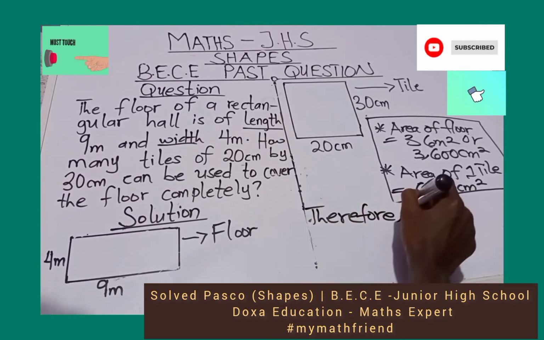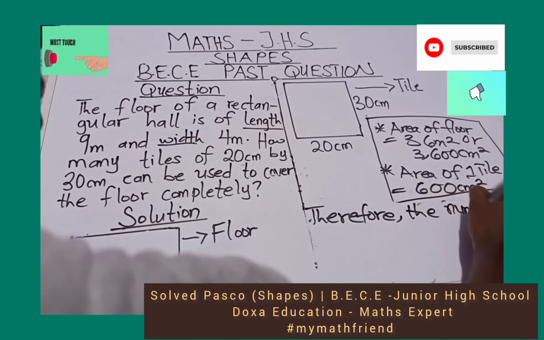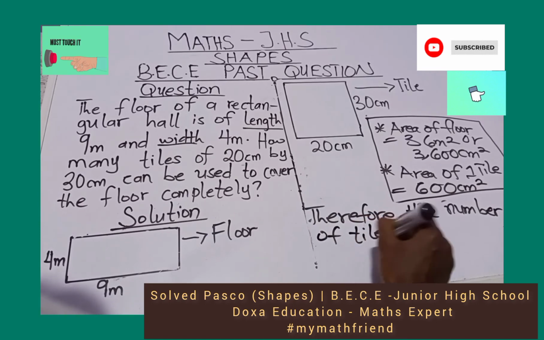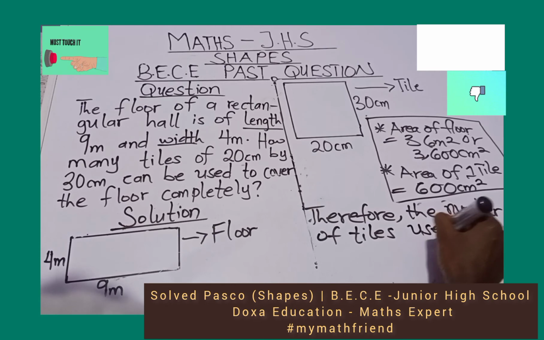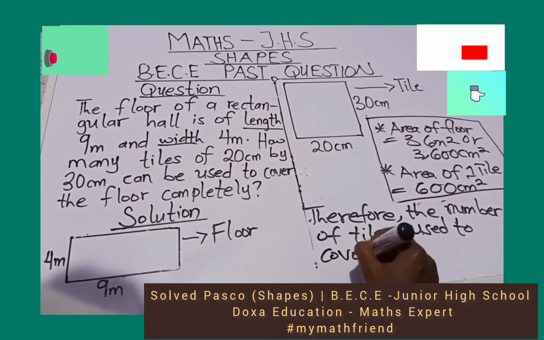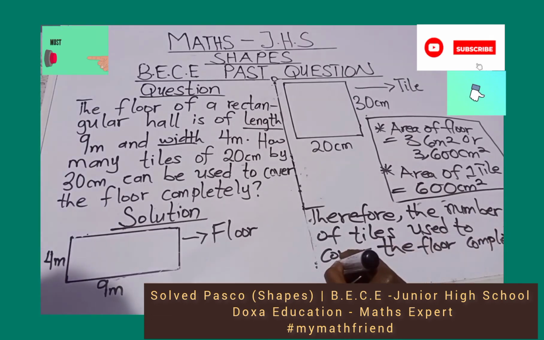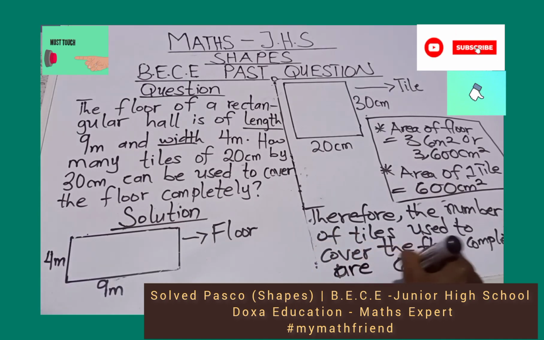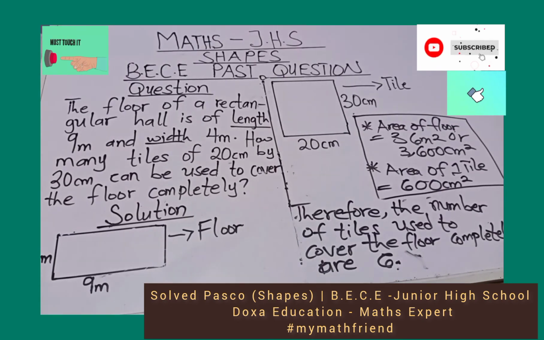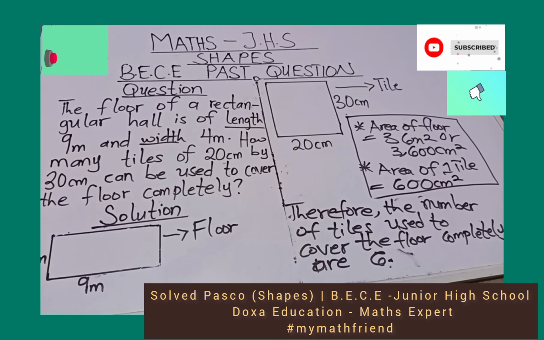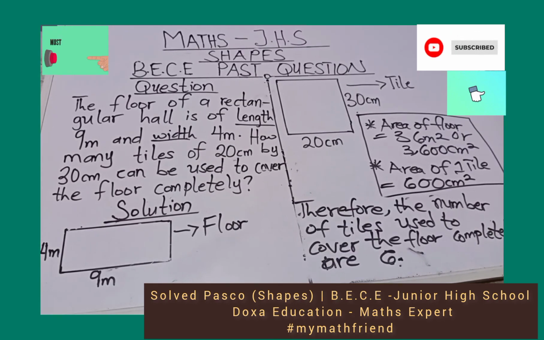Therefore, the number of tiles that can be used to cover the floor completely are six.